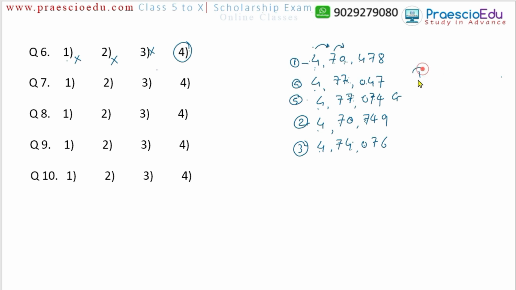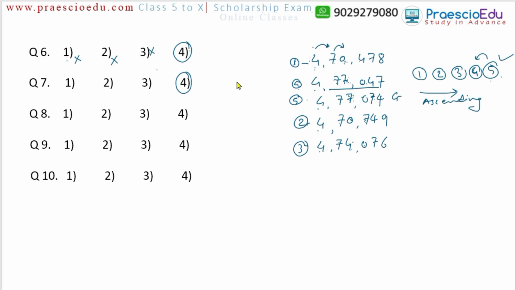Okay, so for ascending order 1, 2, 3, 4, and 5. So this is our ascending order. Okay, ascending. Now the greater will be here at the last, and the second number means the fourth one. So the fourth one means this one, and this is given in option number 4. So for question number 7, 4 is the correct one.